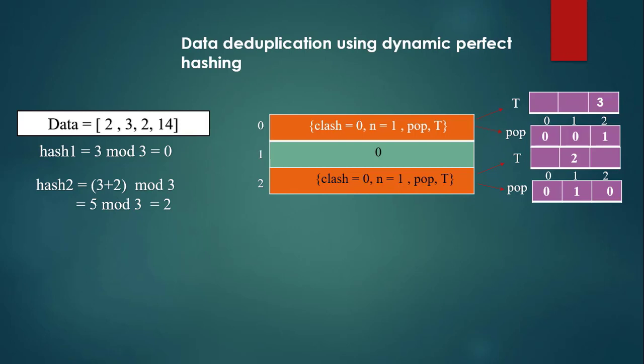So here we will see how dynamic perfect hashing helps us in data deduplication for cloud storage. For 2, we get 2 mod 3 for the primary level hashing, and for secondary level hashing we get 1, and we can see that the data is already present in the subarray tree.